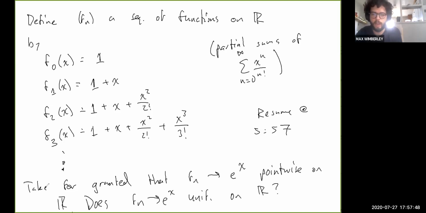Since the answer ends up being no, they don't converge uniformly, you actually don't need to assume anything about whether they converge pointwise, but we do still have to assume certain things about the function e to the x itself because we haven't really defined it in a precise way.